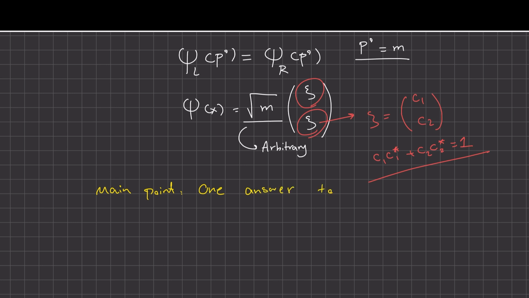The main point is that there is one answer to the Dirac equation, the answer with the positive energy terms, and the right-handed and left-handed fermions are behaving in the same manner in time.